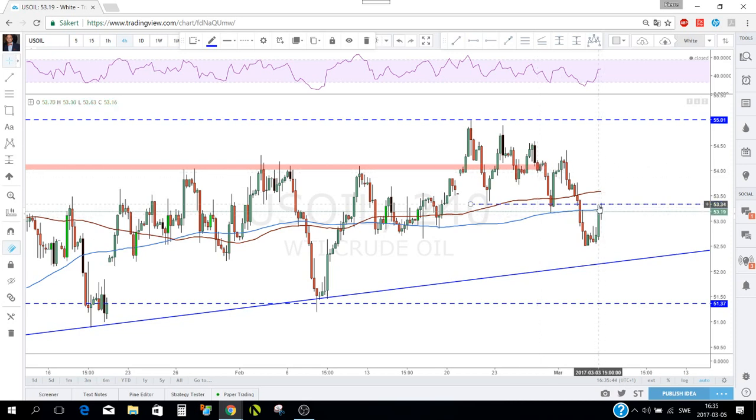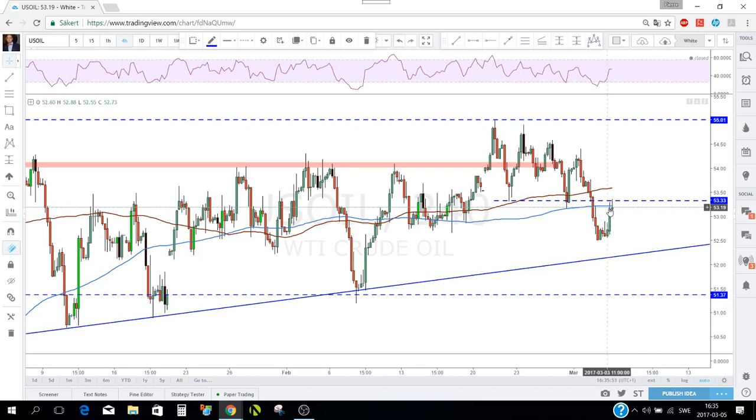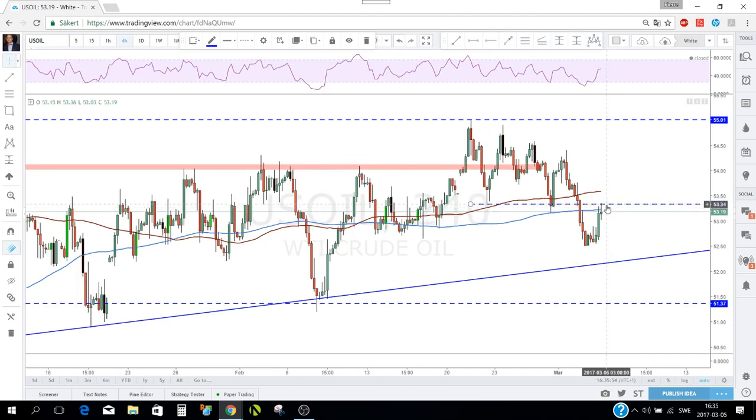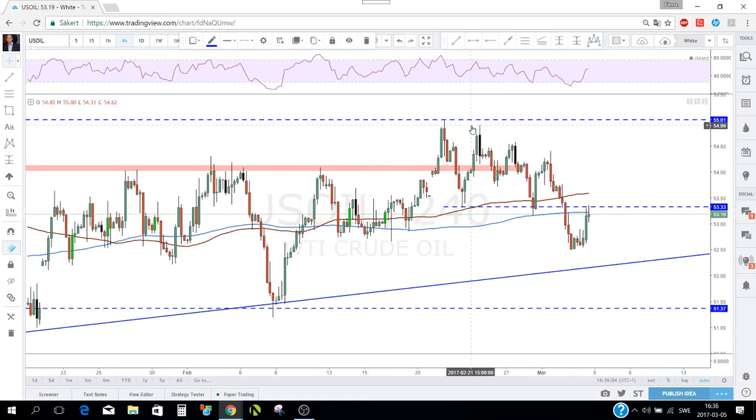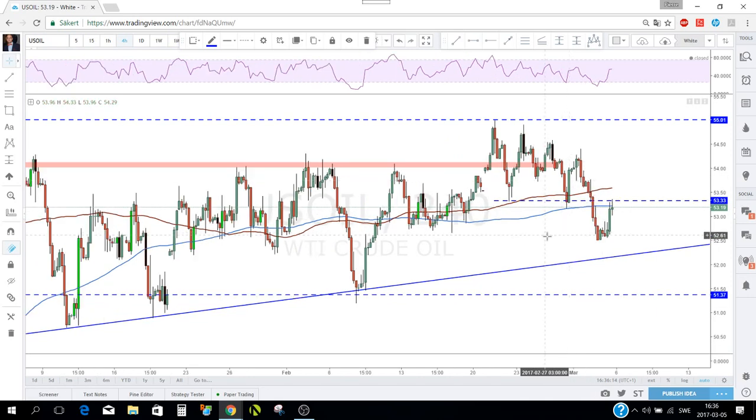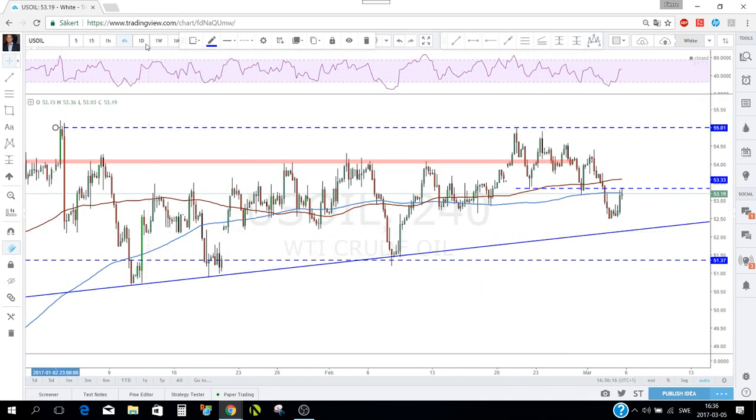Short term you can try to trade those levels, but it's very hard, and you should be careful, because as you see here, there is no clear structure. Price goes below a little bit and tries to break, and then spikes, and lots of squeezing and stop loss hunting. So for the moment I will leave oil alone, and I will not be trading it.